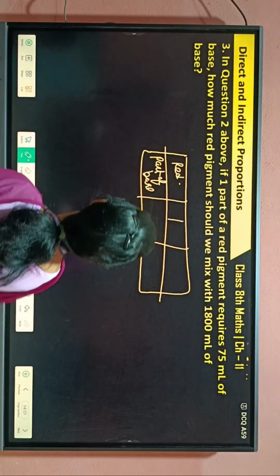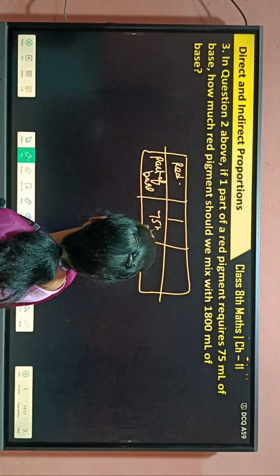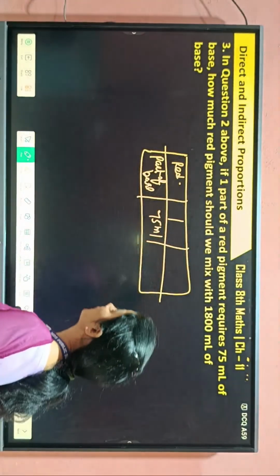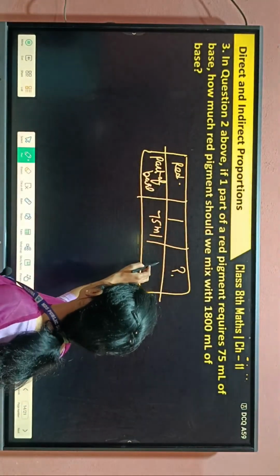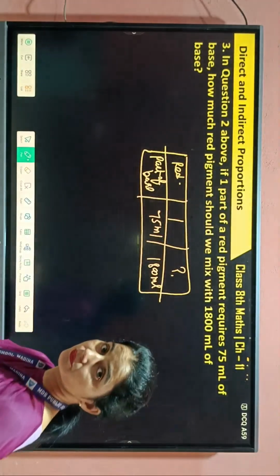If one part of red pigment requires 75 ml of base, then how many red pigments require 1800 ml of base?